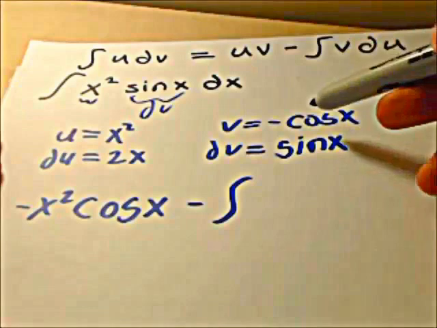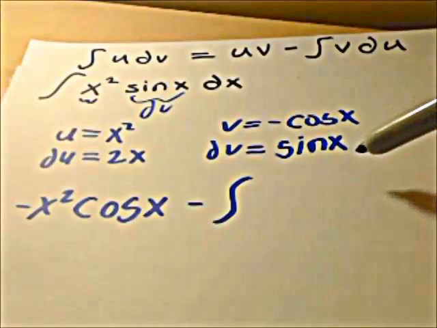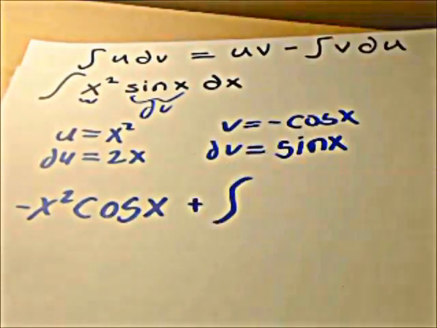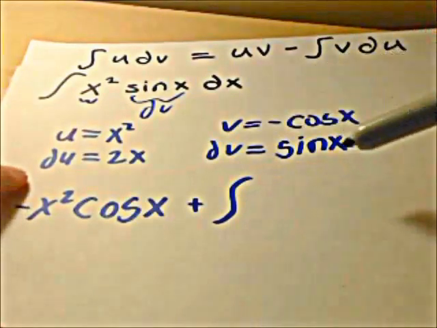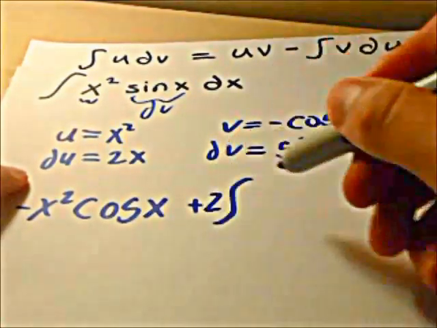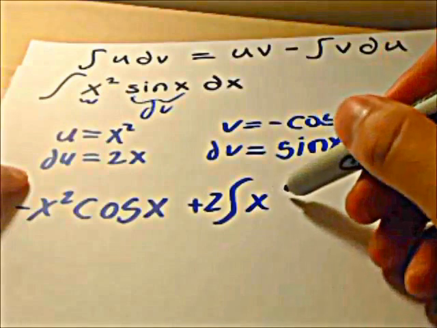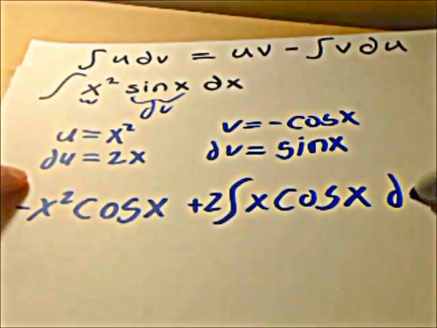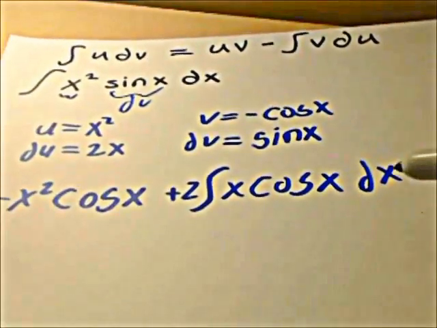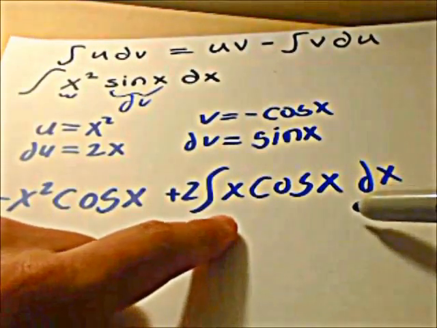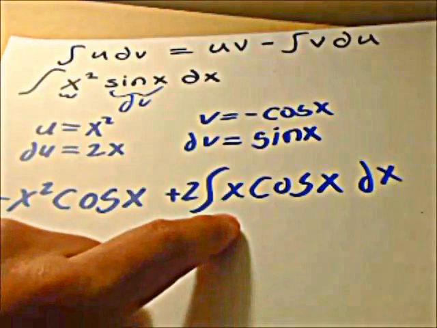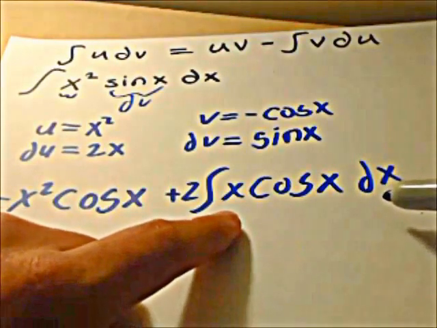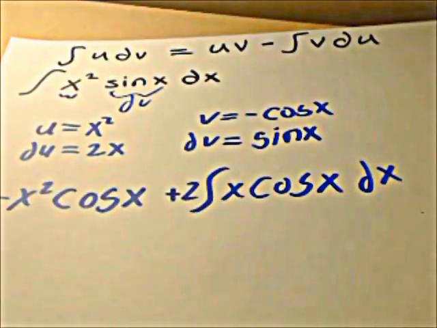Again, it's going to be minus cosine x, but I'll pull the minus out, so that's going to be plus. And the 2x, I'm going to pull the 2 out because it's a constant, so we'll end up with x only and cosine x dx. But this time, we can't actually integrate that. I'm going to have to use integration by parts again to come to the final answer.